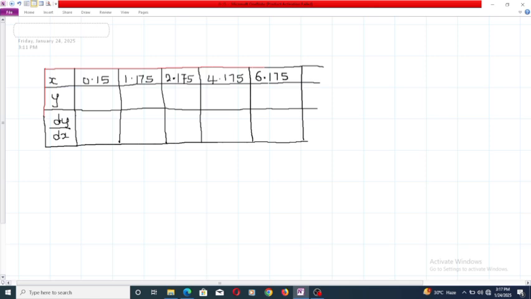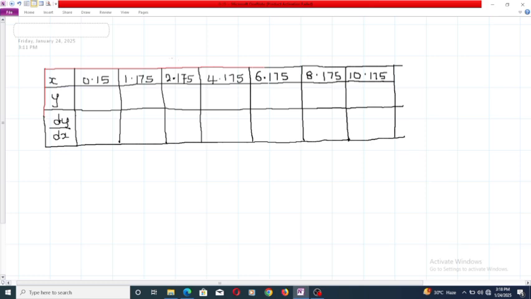We'll have the x value at 2 meter intervals. So let's make this table a little bit wider, 8.17, 10.175. We'll extend the table a little.